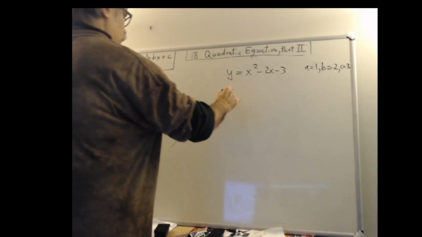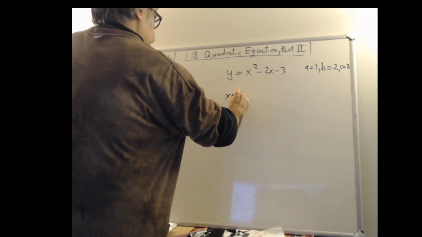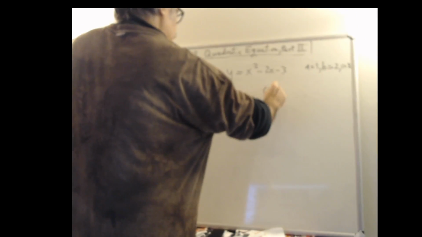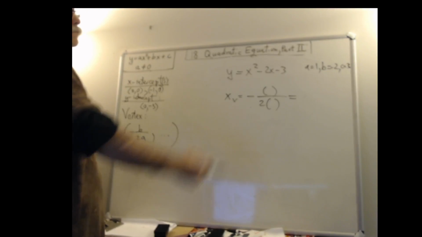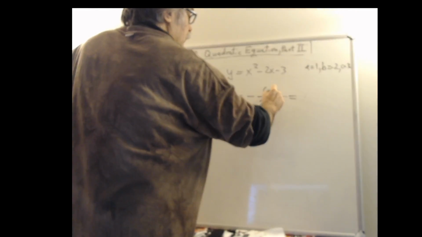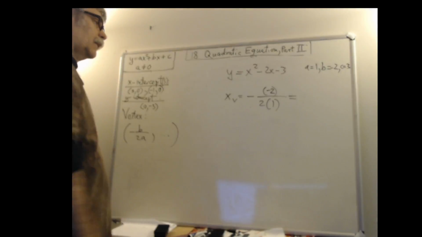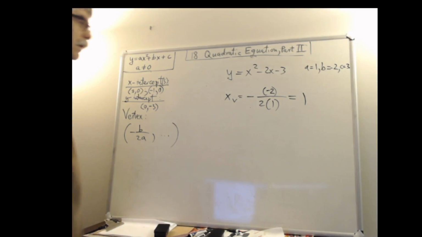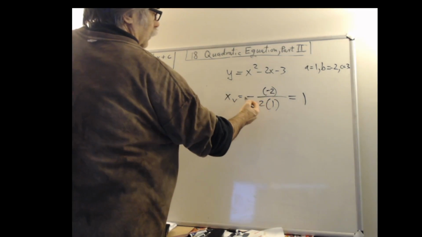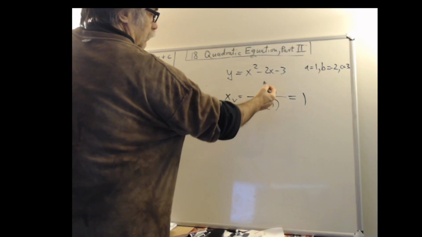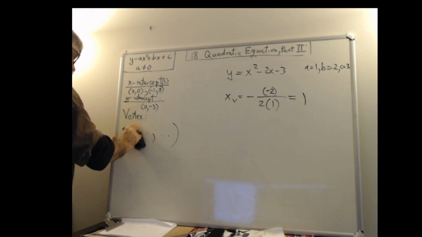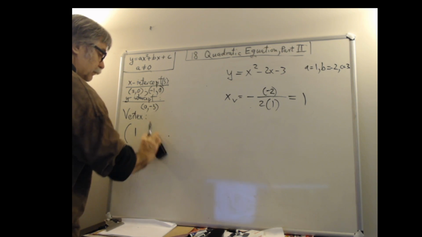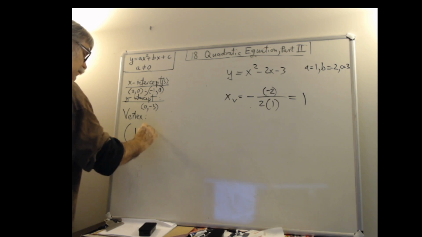So I have the x of the vertex, negative b over 2a, which in my case is negative negative 2 over 2 times 1. Now I have to multiply this, and we get positive 2, and then divide by 2, which is 1. So this thing here is 1.